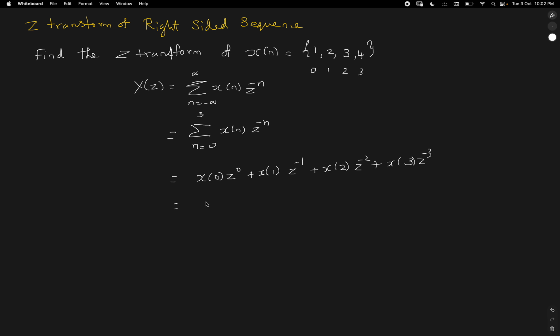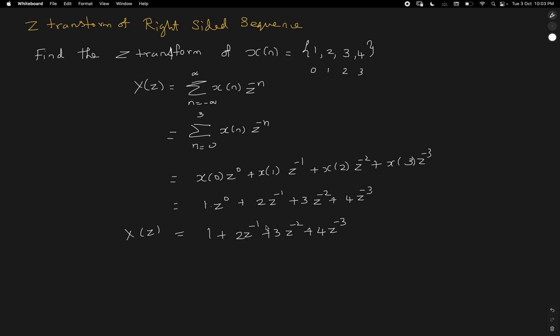Just substitute that value, then you will get 1 into z power 0 plus 2 into z power minus 1 plus 3 into z power minus 2 plus 4 into z power minus 3. Then the final version of X of z: here z power 0 is 1, so this can be simplified as 1 plus 2 z inverse plus 3 z power minus 2 plus 4 z power minus 3.